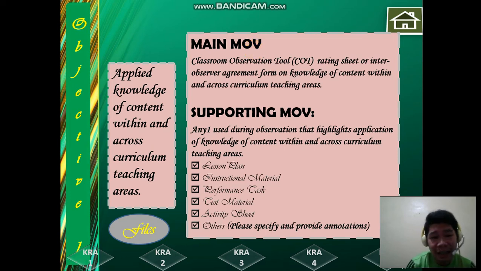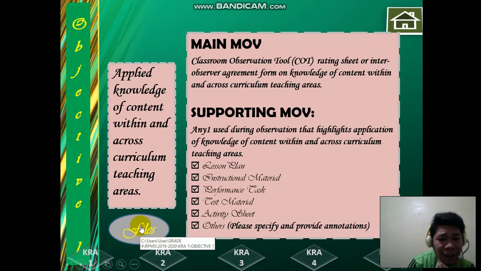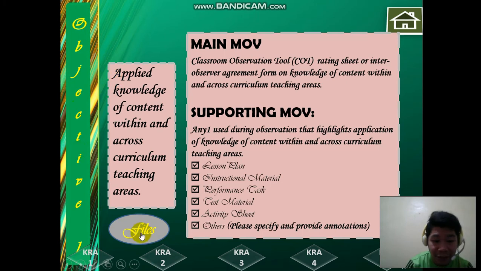So what I did here is, syempre sobrang daming documents na i-attach mo, diba? So ilang slides kaya yung makukonsume mo nun kung i-attach mo isa-isa. So what I did, nilagyan ko lang siya ng hyperlink yung file. Pag clinick yung file na to, i-route kayo kung saan naroon yung files mo for objective 1.